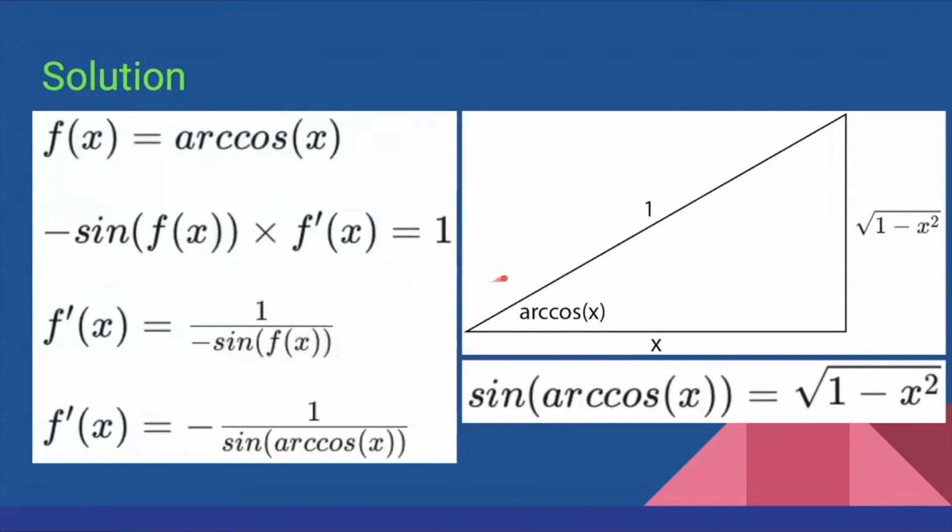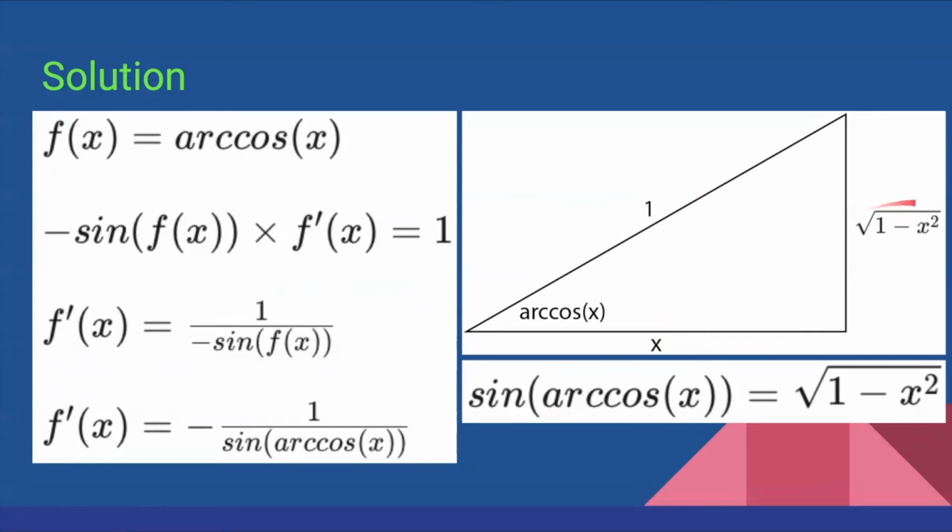Okay, and then first you divide both sides by negative sine of f of x, and then you plug in f of x equals arc cosine of x. So you draw this triangle right over here. This angle is arc cosine of x. All right, and then you set up the sides of the triangle.